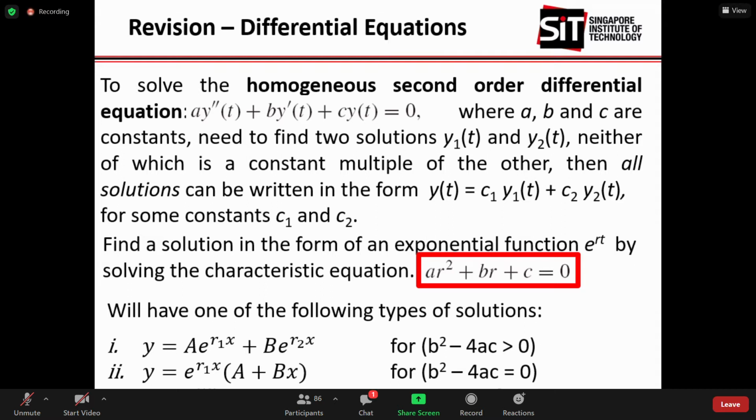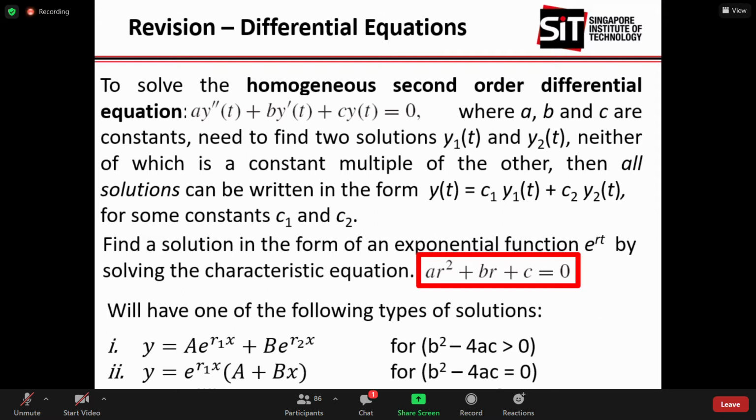In this case, we have a second order differential equation, so we'll need to find two solutions, y1 and y2, neither of which is a constant multiple of the other, so that all solutions can be written in the form y is equal to c1 y1 plus c2 y2, where c1 and c2 are constants of integration.